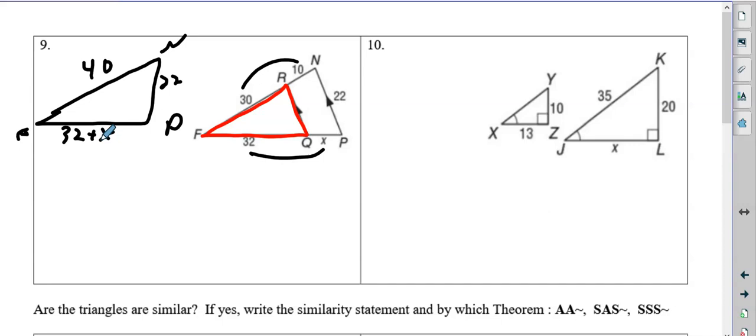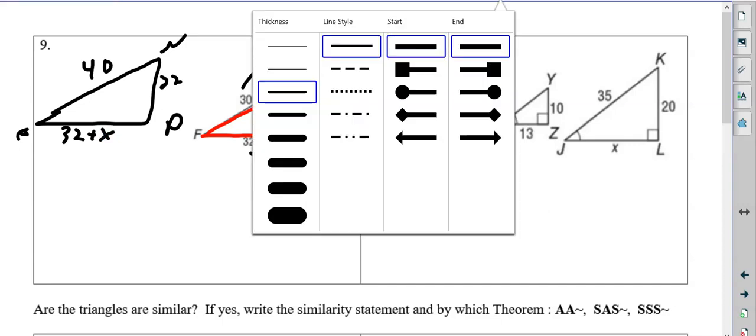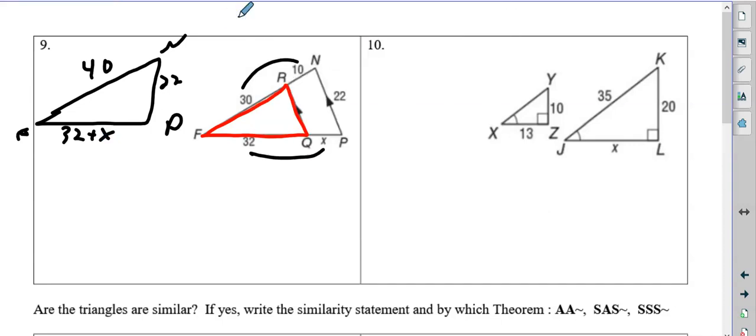Okay? So, now there's two ways to do this problem. We can do 40 and 30 and 32 plus x and 30. All right?